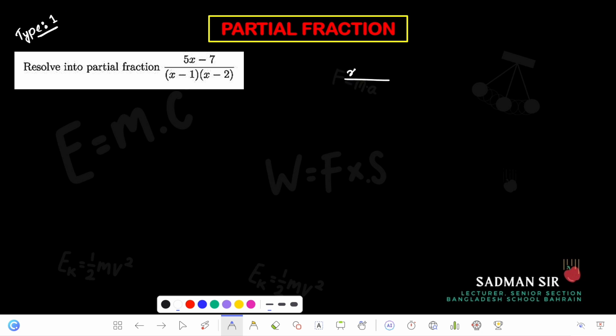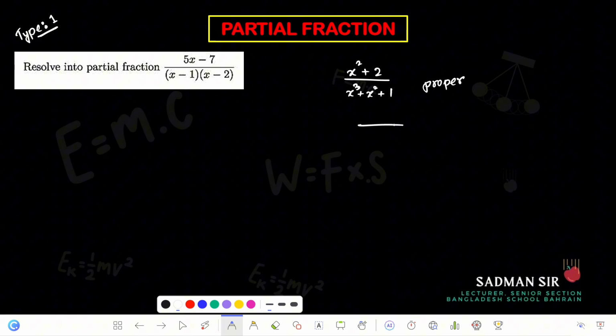See, the highest power in the denominator is 3 and the highest power in the numerator is 2 of the variable, obviously. So if the highest power in the denominator is greater than the highest power of the numerator, then you can say that this is a proper fraction.